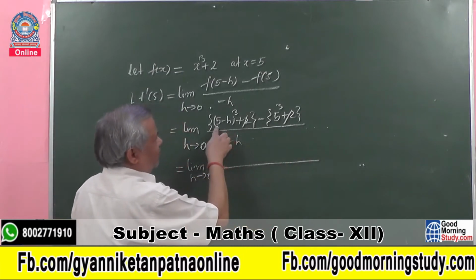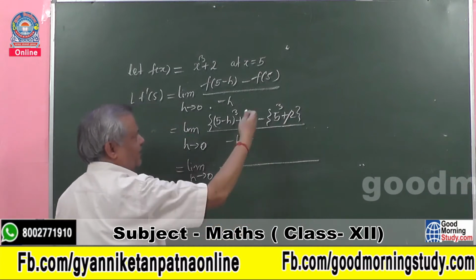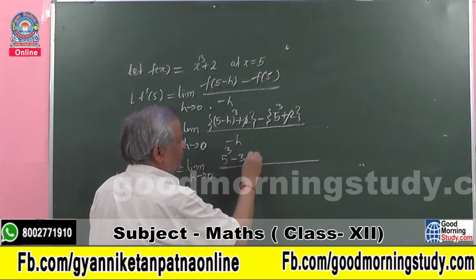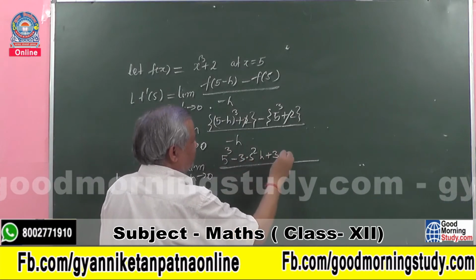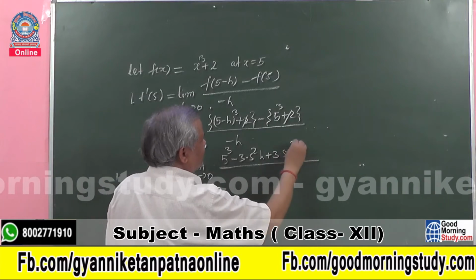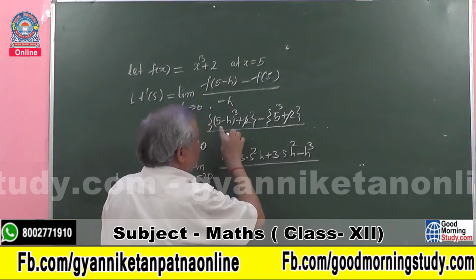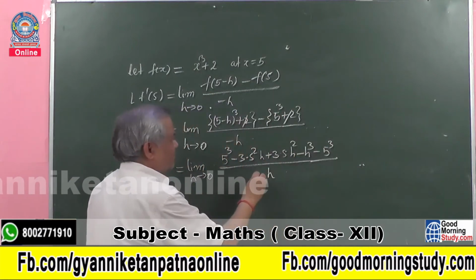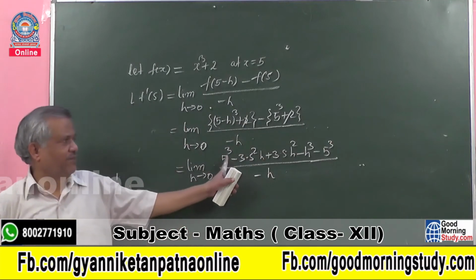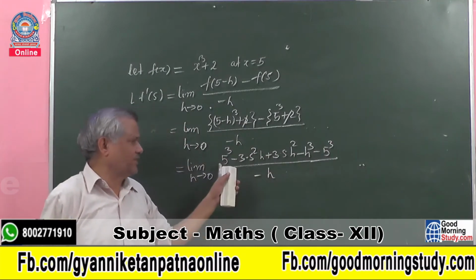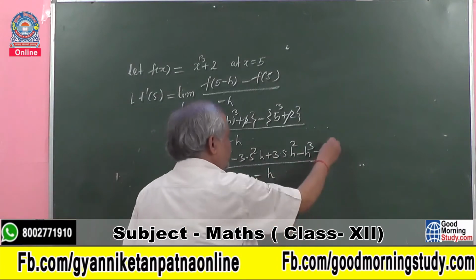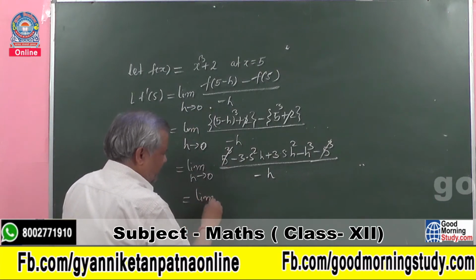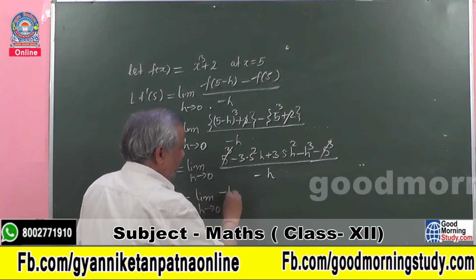Limit h tends to 0. We put it either in the form of a cube minus b cube, or we expand it as (a minus b) whole cube, that is a cube minus 3 a square b plus 3 a b square minus b cube. This is for this, and then minus 5 cube divided by minus h. You see that 5 cube and 5 cube, one with the positive sign, another with the negative sign, reduce to 0, and after that taking minus h common out of all from the numerator, we have limit h tends to 0, minus h.